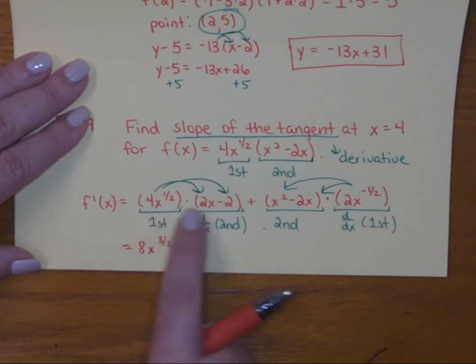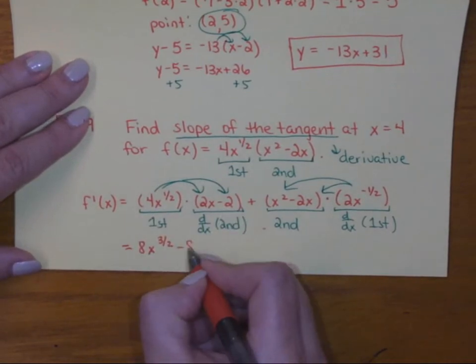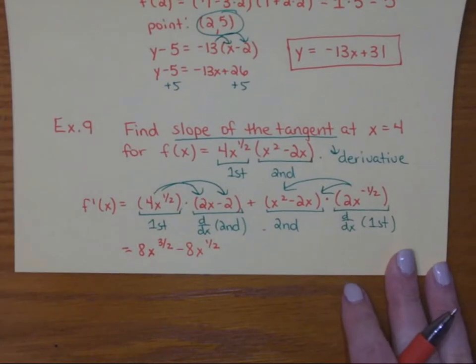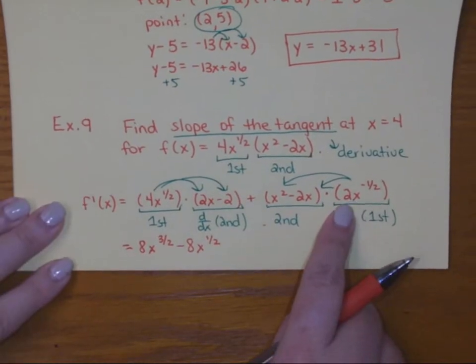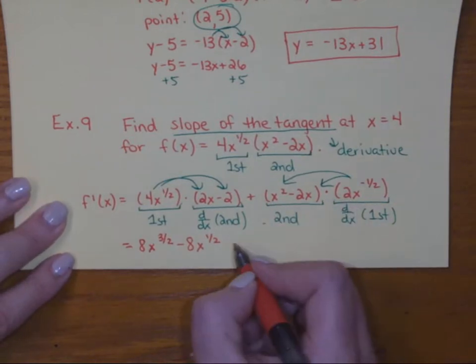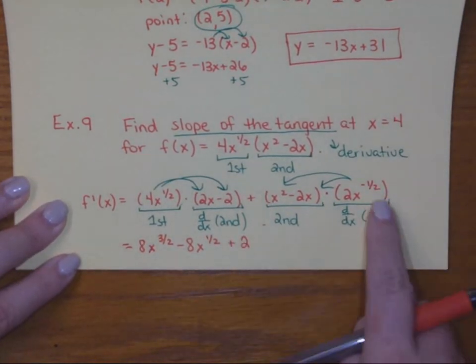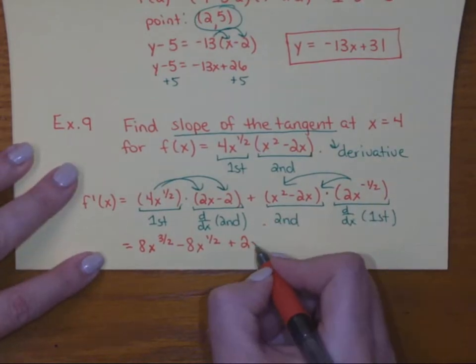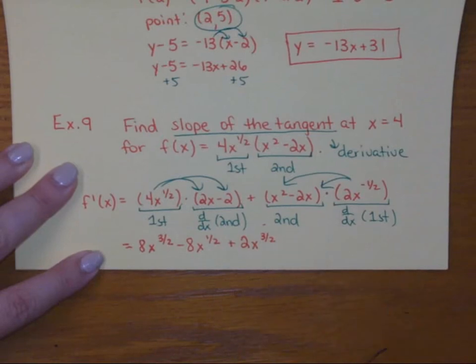And then 4x to the 1/2 times minus 2 would be minus 8x to the 1/2. So it's just distributive property. And then here, same thing, right? This term times this one. So I have 2, but then if I add these exponents, what's negative 1/2 plus 2? Notice it's a repeat of something I've already gotten.